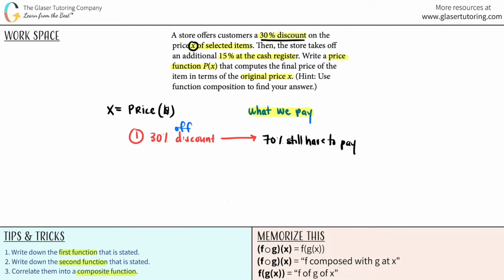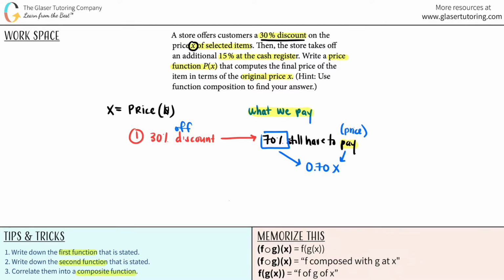If we have 70% still have to pay, and pay is in terms of a price, and price was linked with X, all we have to do is just combine the two things. 70%, remember, when we put it into equations, we can't put a percent sign, so we have to convert it into decimal. You move the decimal place over twice, right? So this would be really 0.7 times X.